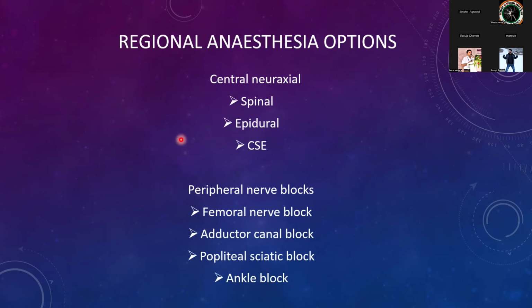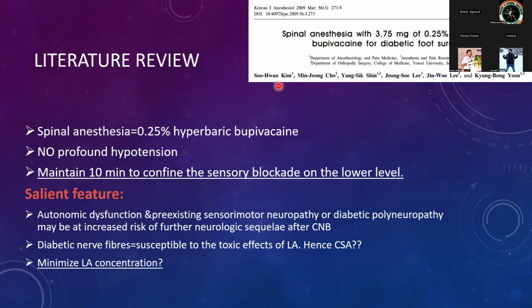What are our regional anesthesia options? First we have central neuraxial techniques like spinal, epidural, and combined spinal epidural. Literature review: one article proposed the use of spinal anesthesia for diabetic foot surgery. They used 0.25% hyperbaric bupivacaine, and found there was no profound hypotension.